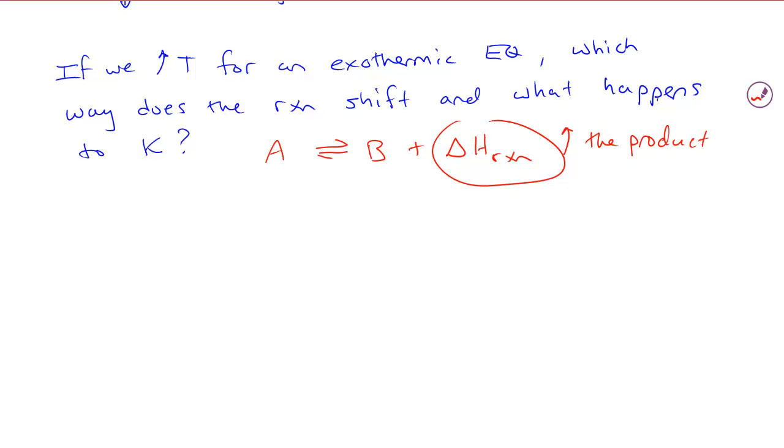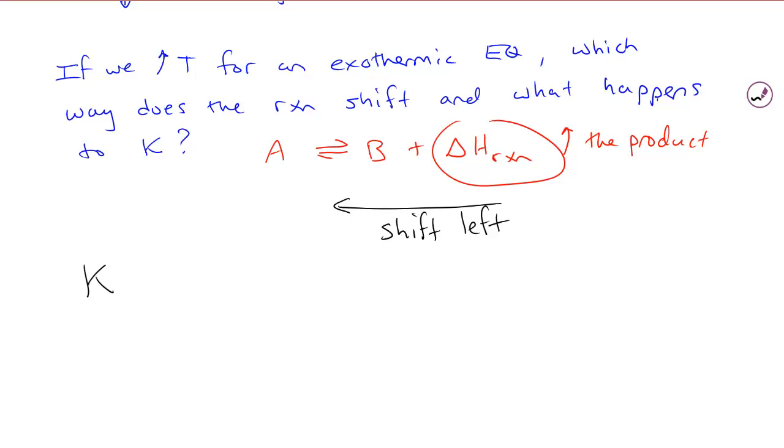It's not really doing this. This is just a shortcut trick that works. So it's like increasing the product, which means we have too much product. How do we undo the fact that we have too much product? We shift left. So if we're shifting left, what does that do for us?